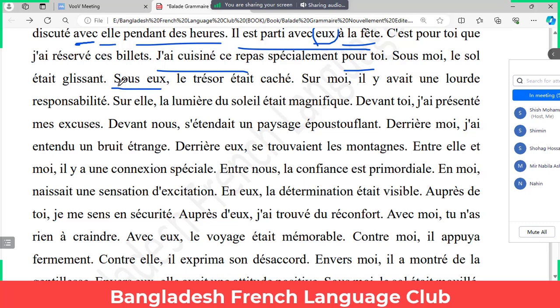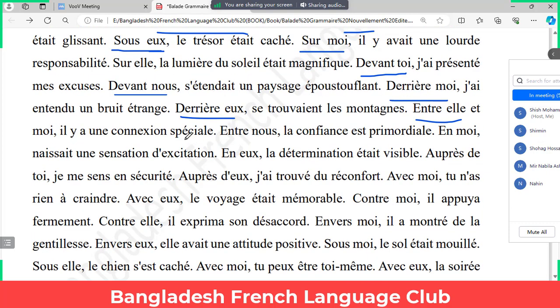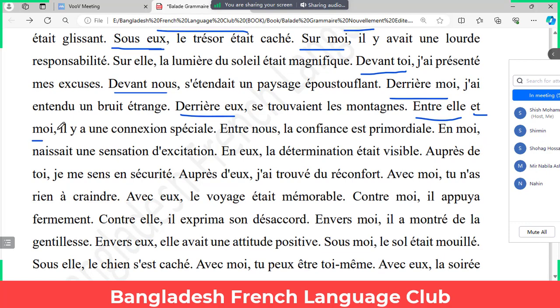Sur toi, okay? Sur means on. This is also another preposition, and then the tonic form. Sur moi. So preposition devant toi, okay? Devant nous, derrière moi, derrière eux, entre elle. Entre is a preposition, right? Entre elle et moi, both in tonic form.